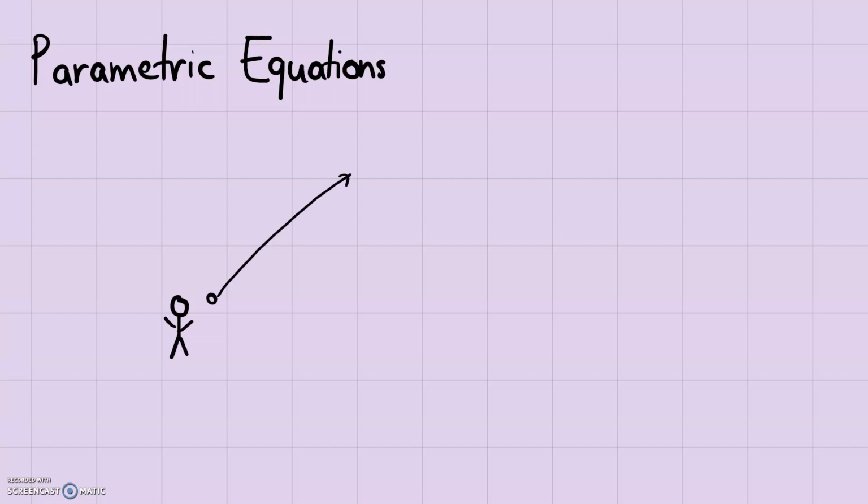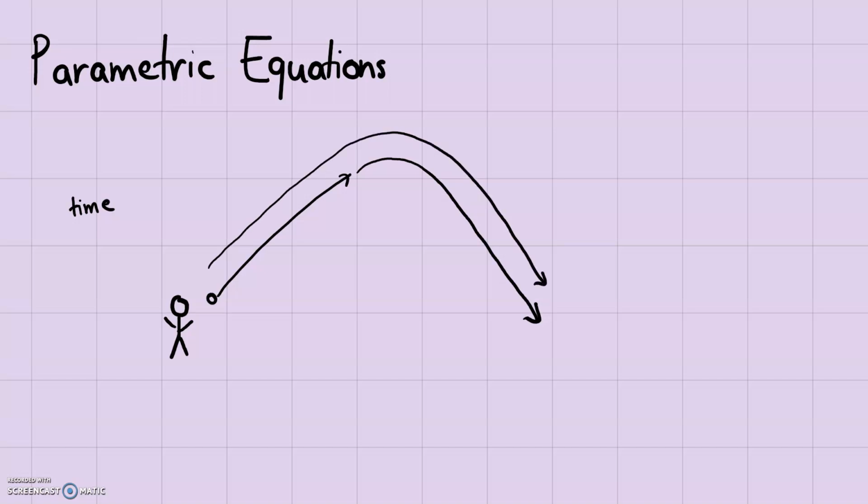This ball is going to go up, and then eventually it's going to hit some peak, and then it's going to come back down. So as time increases, the ball is going to go this way and then go down this way. So it's moving in this direction.